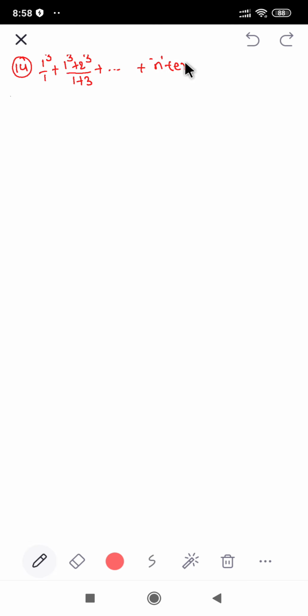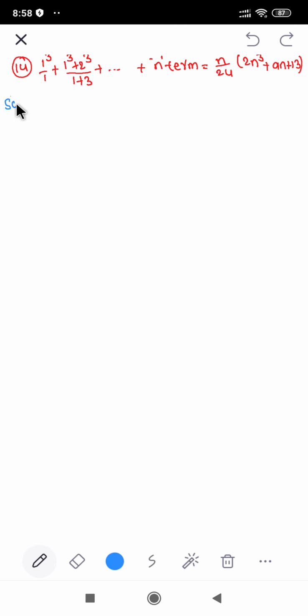In this question there is no nth term given. Up to n terms is equal to n by 24 into 2n cube plus 9n plus 13. This is the question.